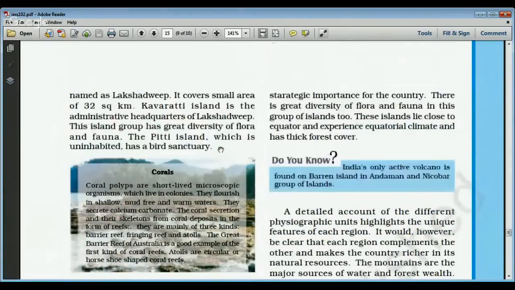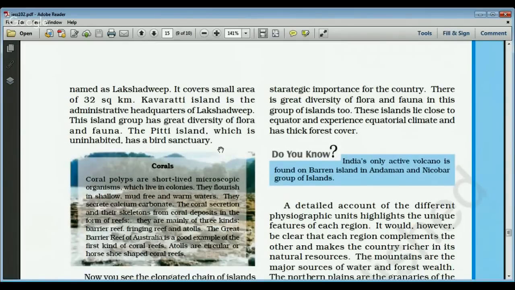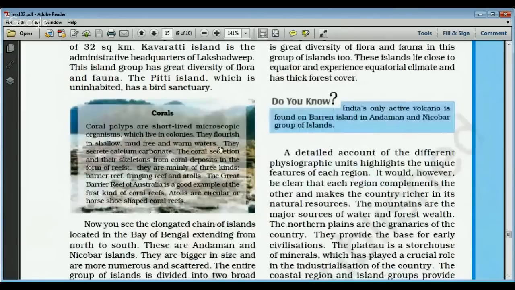Now we saw that Lakshadweep are known as coral islands. They were formed from coral polyps, and coral polyps are short-lived microscopic organisms which live in colonies. They flourish in shallow, mud-free and warm waters, and they secrete calcium carbonate. And actually, these corals live in a symbiotic relationship with zooxanthellae.